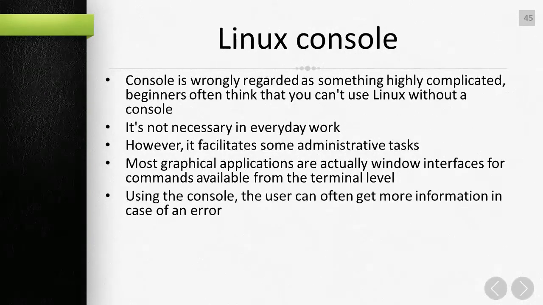Typically, graphical applications, as is the case with Windows, give the user very little information about errors. In general, they'd only inform you if something's gone wrong. When you use a console, the error is usually described in detail. You can get a lot of information that directly indicates what needs to be done to eliminate the error.